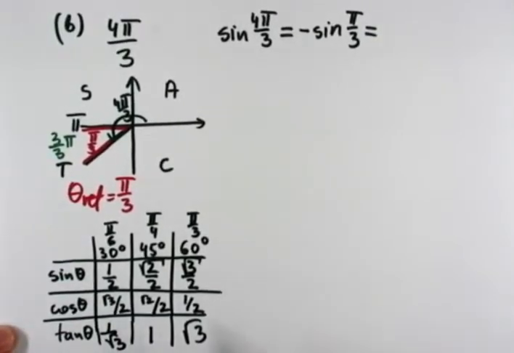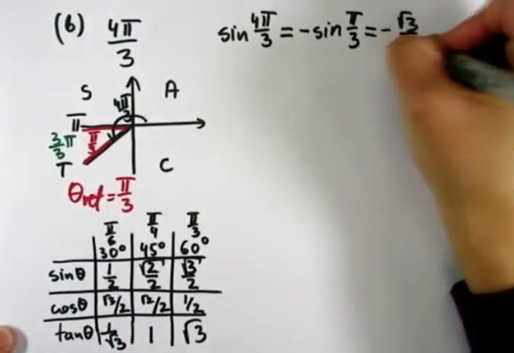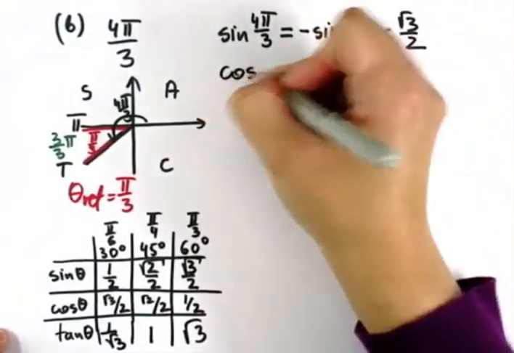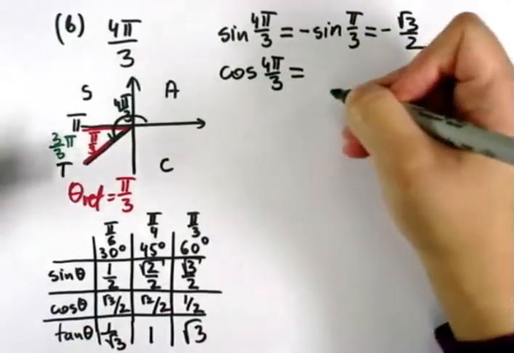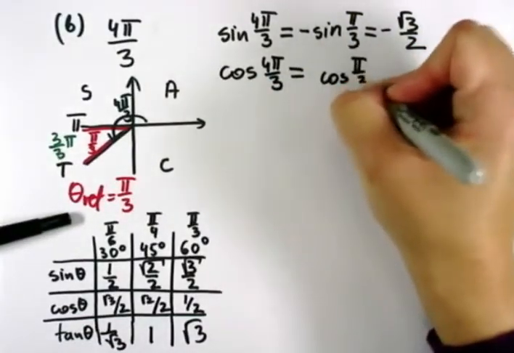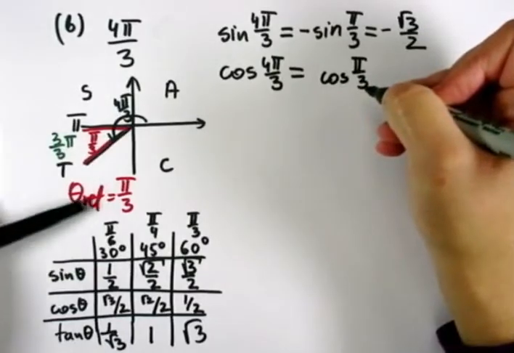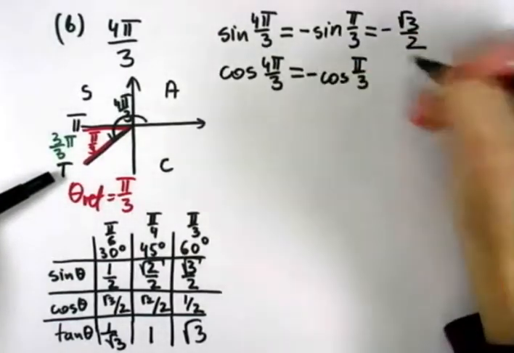Okay, so sine pi over 3 is root 3 over 2. We have minus root 3 over 2. Then we have cos of 4 pi over 3 is equivalent to the reference angle cos pi over 3. And in the third quadrant, in this quadrant, tangent is only positive, so cos is negative.